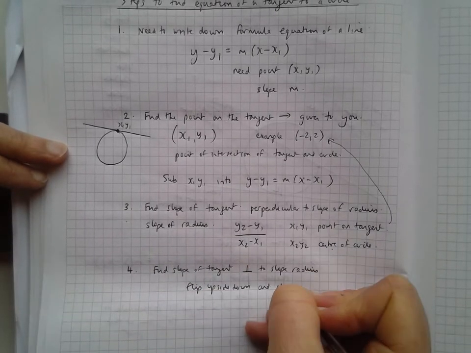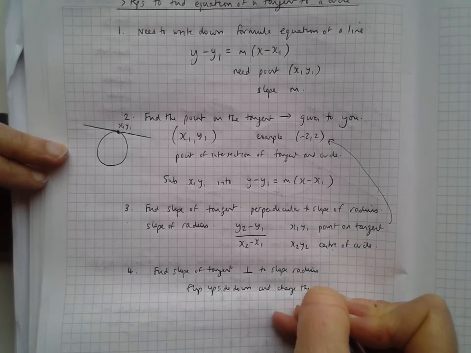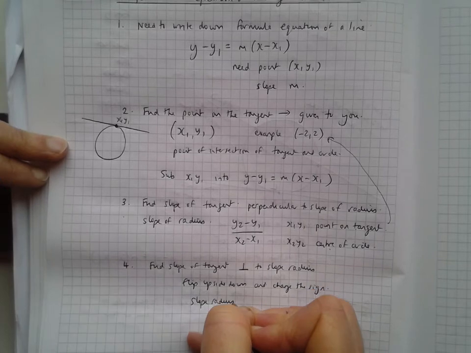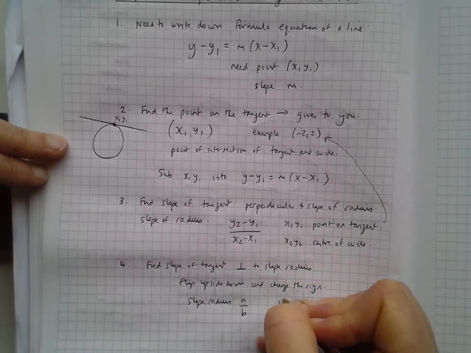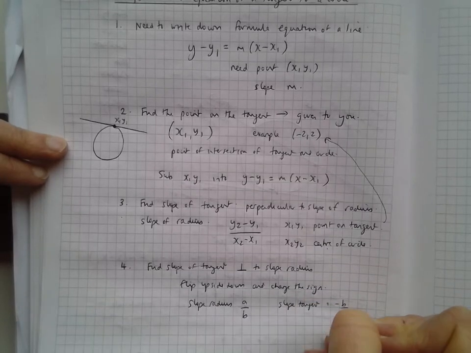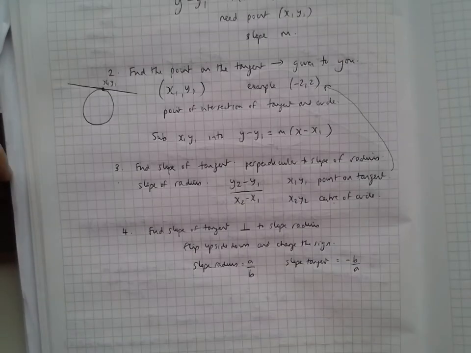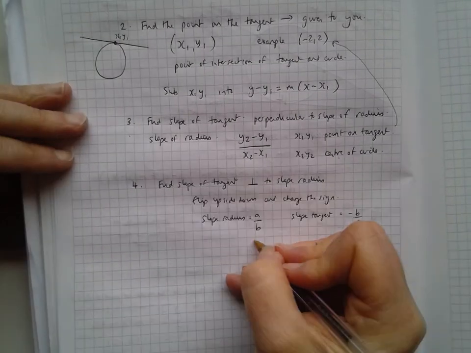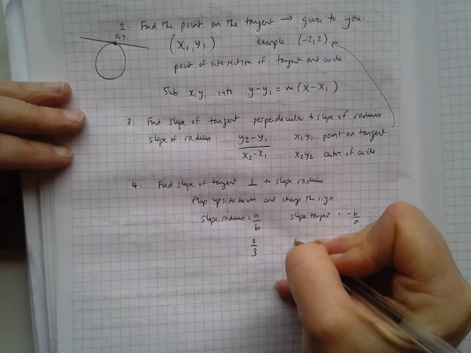So if the slope of the radius was a over b, the slope of the tangent will be minus b over a. So for example, if the slope of the radius was 2/3, the slope of the tangent would be minus 3 over 2.